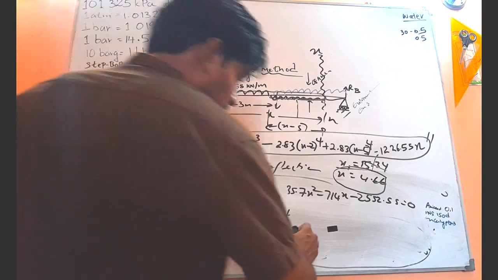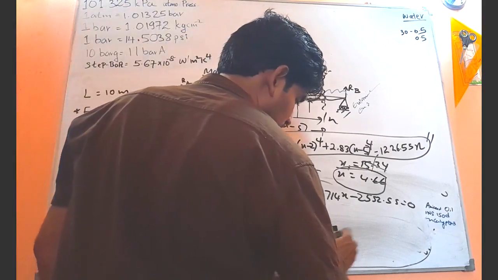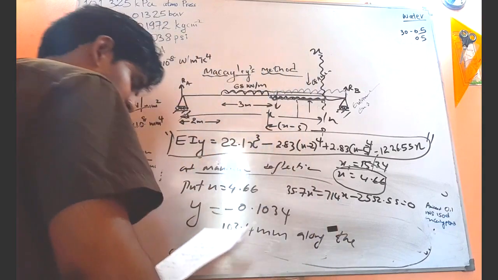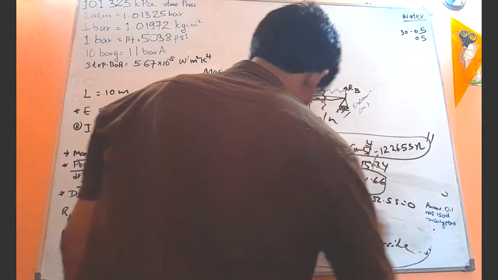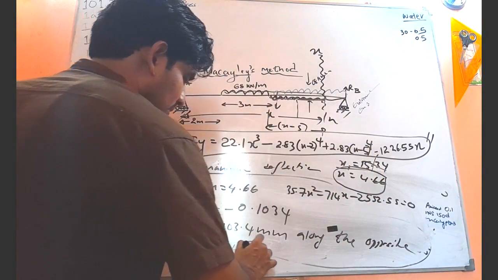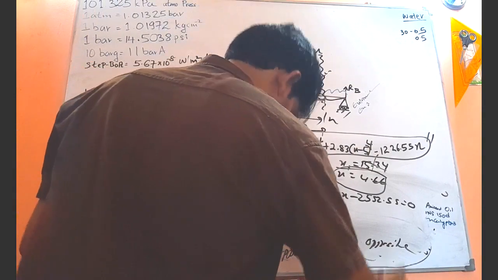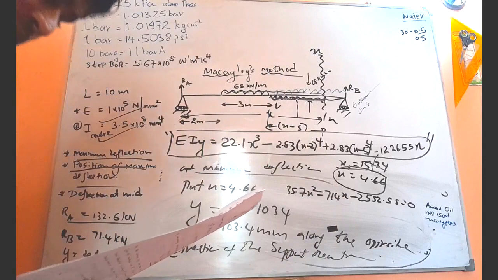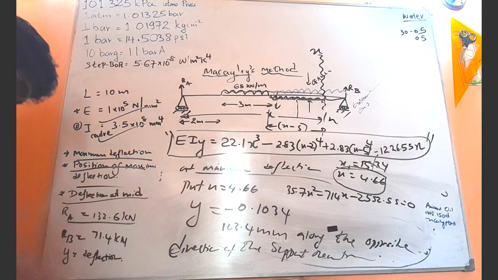As it is negative, you have to specify that it is along the opposite direction of the support reactions, right? The next one again, it asks for the deflection at the mid of the beam.